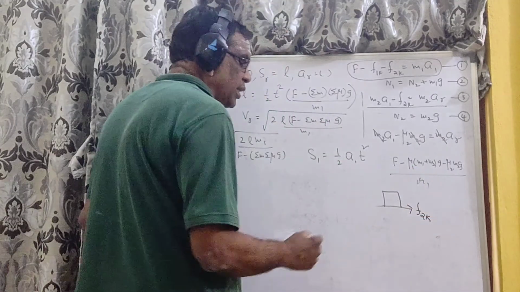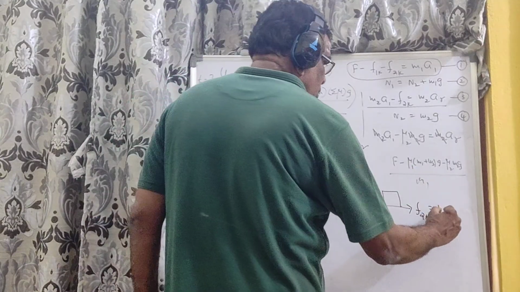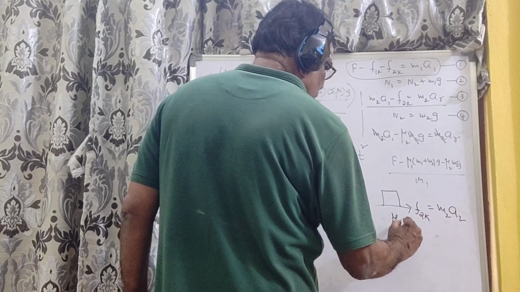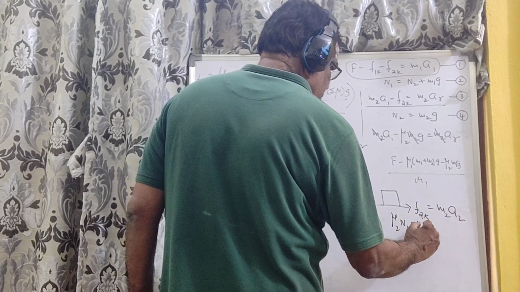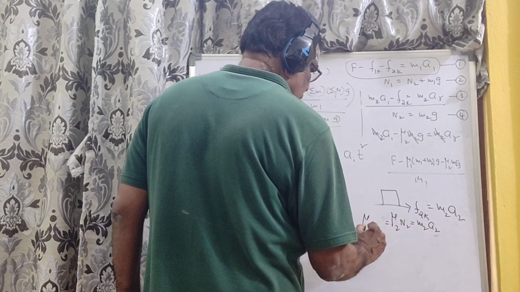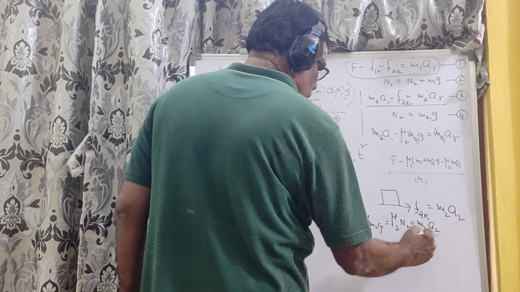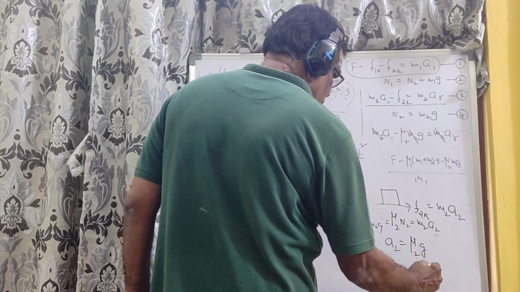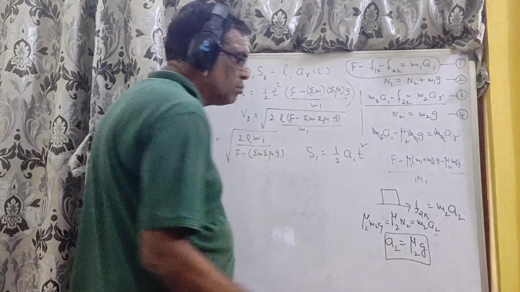This is F2K. So F2K is equal to M2A2. But F2K is mu 2 N2, and N2 is M2G. Therefore, A2 is equal to mu 2G.